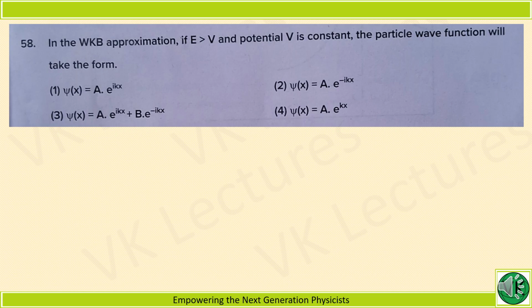In WKB approximation, if E is greater than V and the potential V is constant, the particle wave function will take the form option 3, psi of x equal to A into e to the power ikx plus B into e to the power minus ikx.